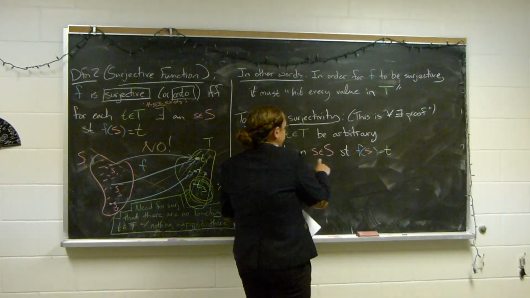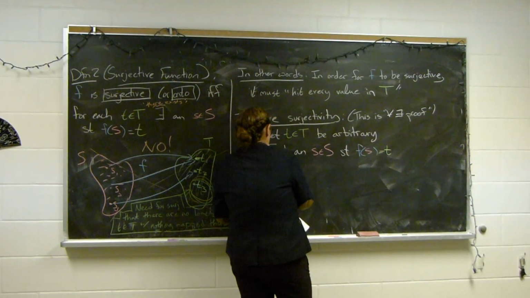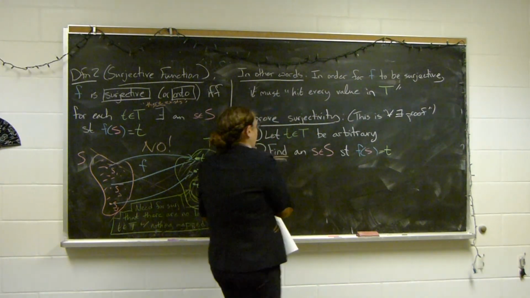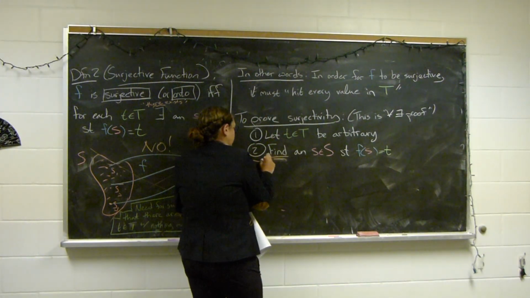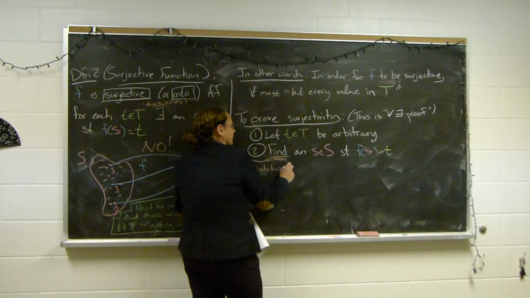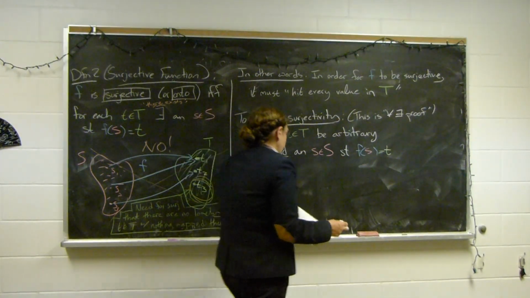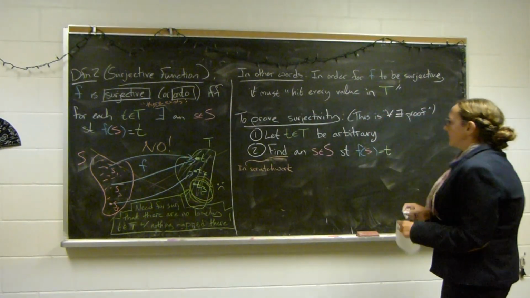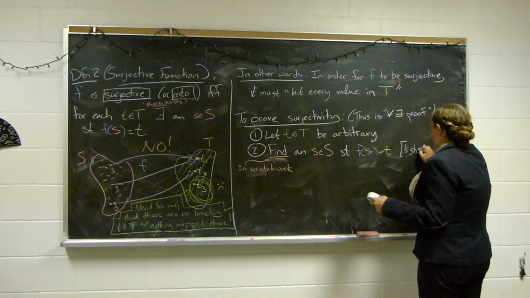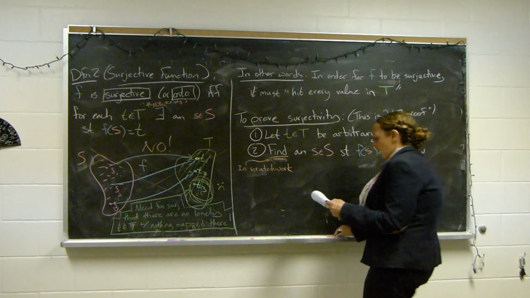But I do the finding in my scratch work. The actual process of finding it should happen in your scratch work. You don't write that part out in the proof. But the part that we definitely write out in the proof is that you show that it satisfies what it's supposed to, which is that f of s equals t.